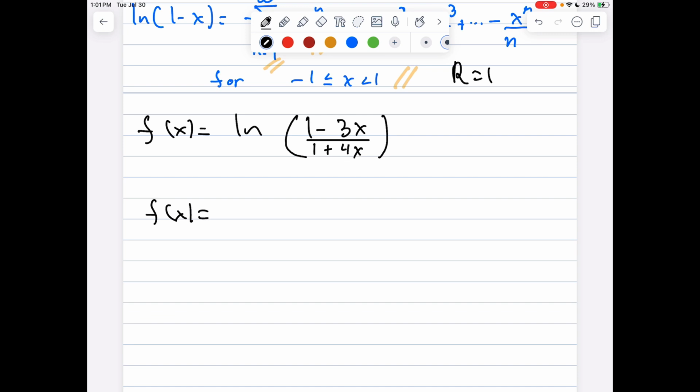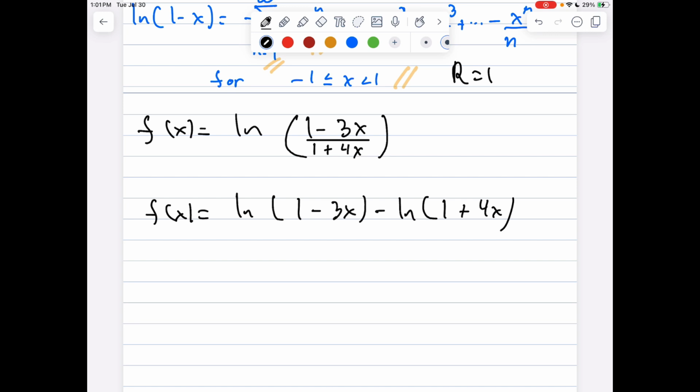I'm going to use algebra, and if you recall your rules of logarithms, the log of a quotient is equal to the log of the difference. So it's ln of (1 minus 3x) minus ln of (1 plus 4x). That's another way of writing that. I did that just so I can use my information about my series.